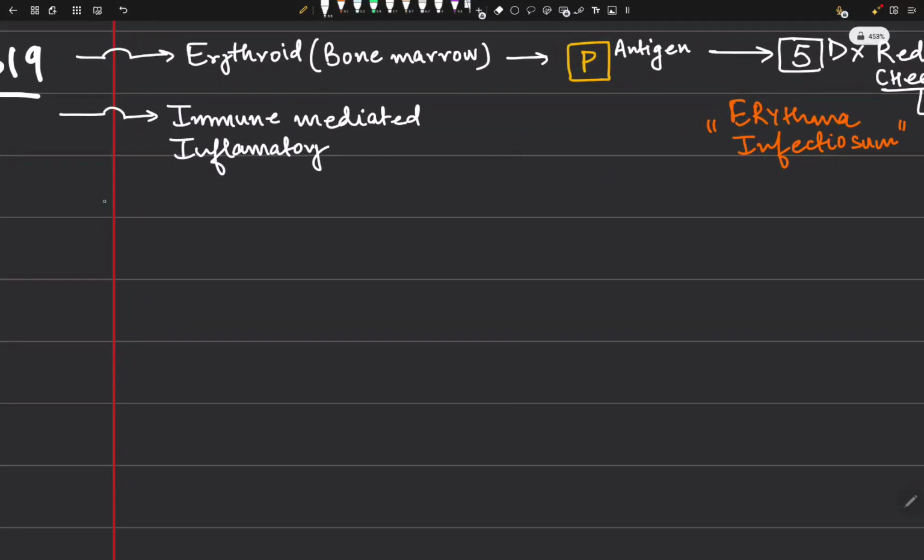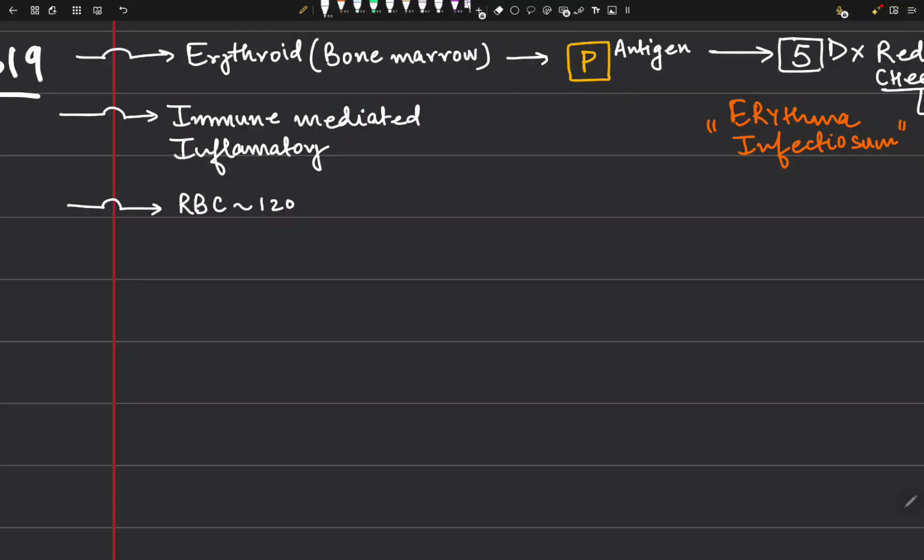Another point we should know is why it affects sickle cell patients, who get aplastic crisis. What is aplastic crisis? You're not making any RBCs. Normally RBCs live about 120 days.